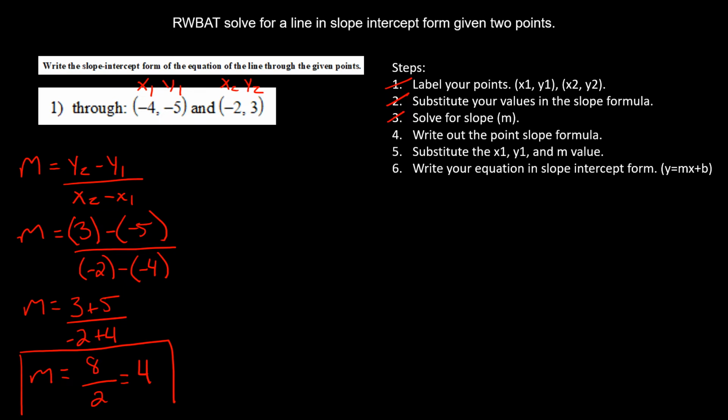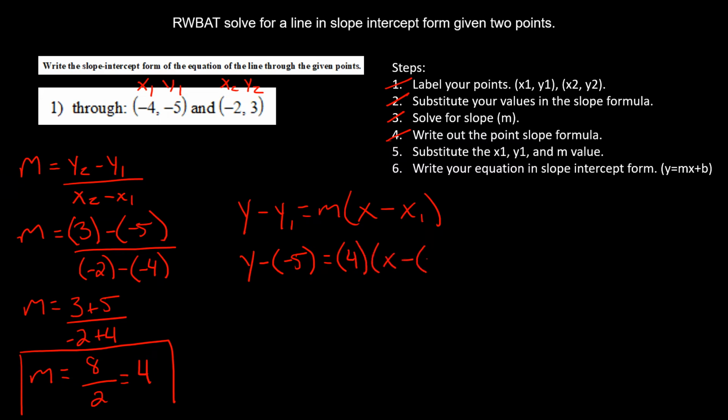Okay, so now let's write out our point slope formula. So that's going to be y minus y1 equals m times x minus x1. Done. Let's substitute our x1 and y1 and our slope. So y minus y1 is -5 equals my slope, which is 4, x minus x1, which is -4.